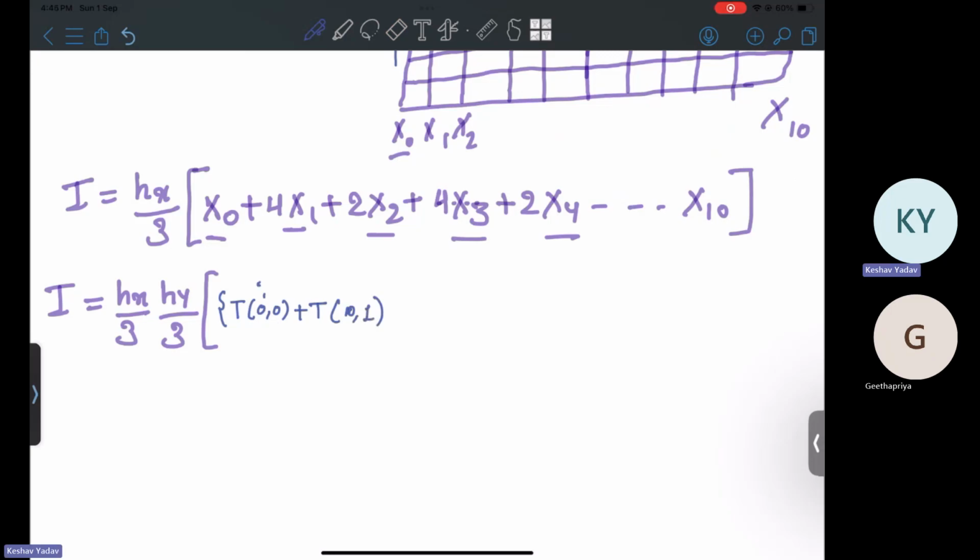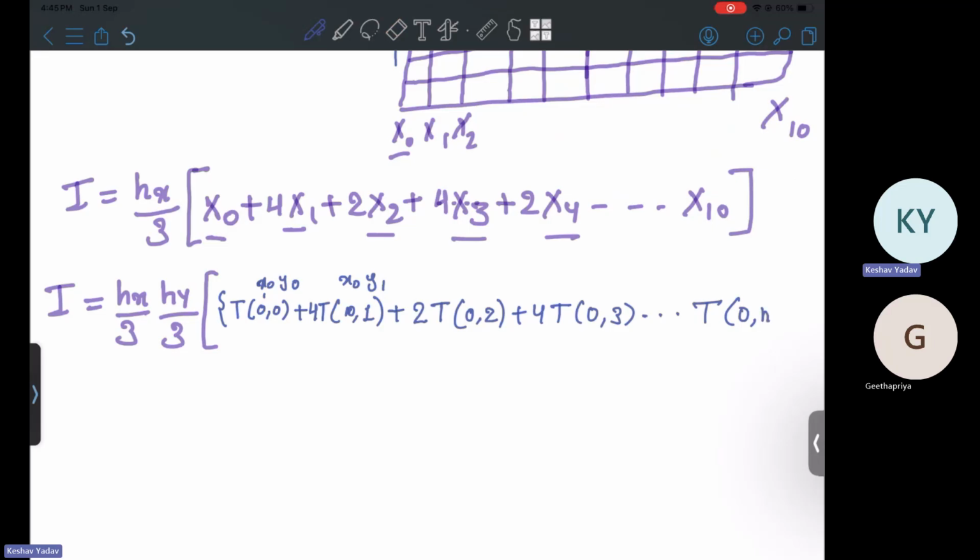For the time being assume that x0, y0 is 0, 0 and x0, y1 is this 0, 1. Okay. So this will be 4 times. Similarly, 2 times t0,2 plus 4 times t0,3 dot dot dot. Last term will be t0,ny. Suppose we have ny terms in the y direction. Okay, so this is my first.